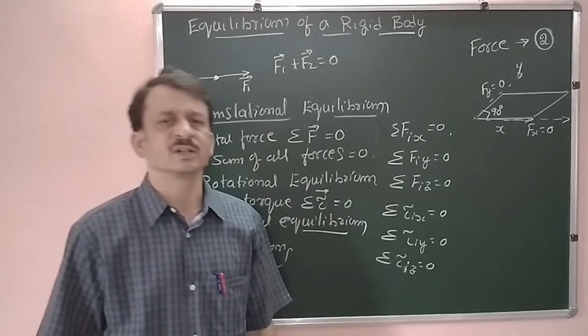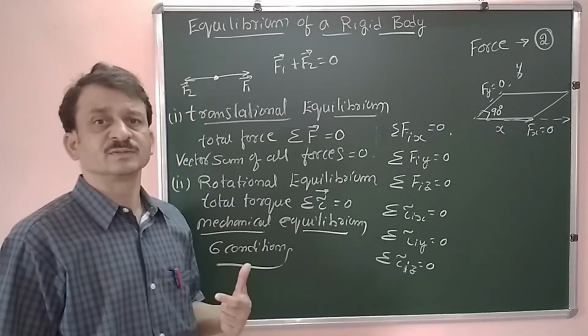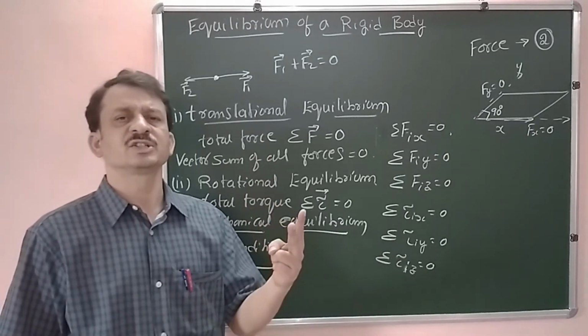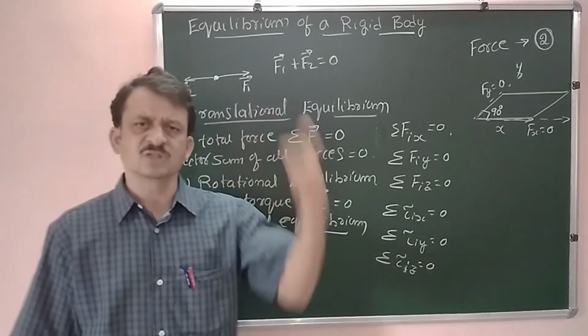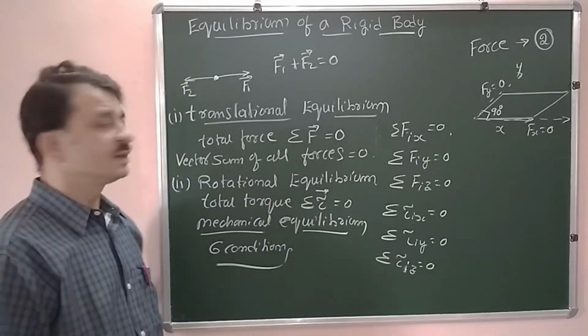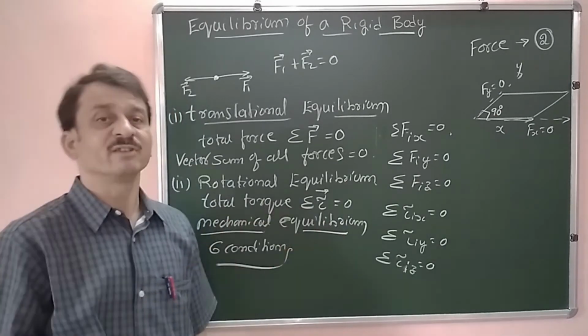And the third condition should be one rotational condition. So 2 translational conditions are satisfied. If one rotational condition is also satisfied, then that rigid body is said to be in mechanical equilibrium.